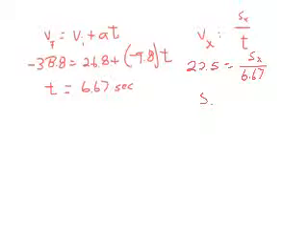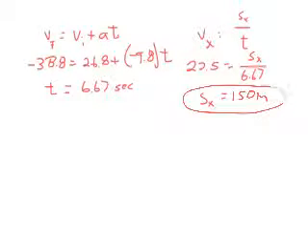So S sub x, the horizontal motion of the ball, will be 6.67 times 22.5. And that is 150 meters, which is quite a ways. Soccer field and a half.